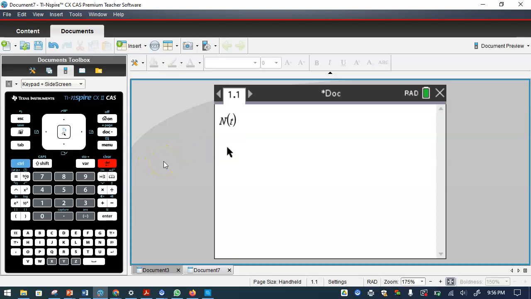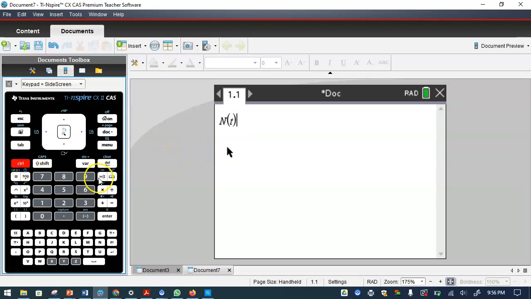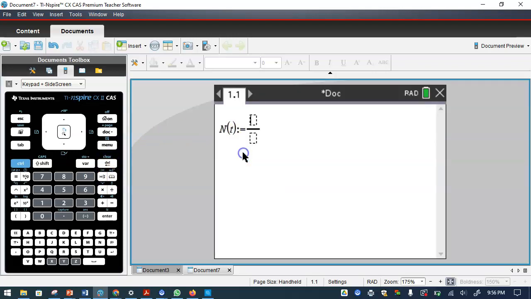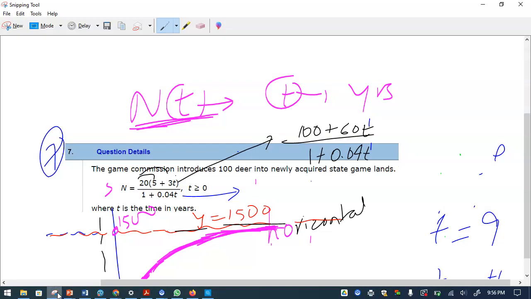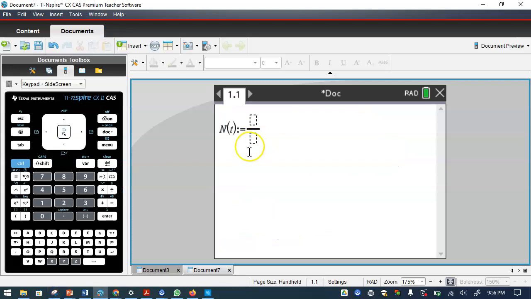Now I have to save this. Click on the control, and here you have the colon and equal sign, and then you write the numerator and denominator using the quotient. The top is 100 plus 60t, and the denominator is 1 plus 0.04 times t. Okay, let's say enter. Done.